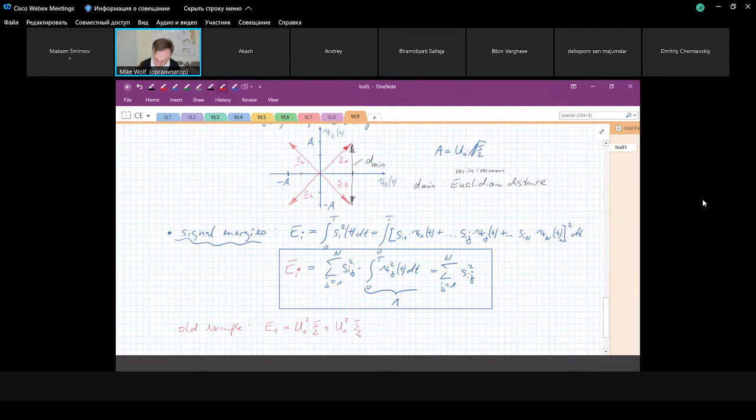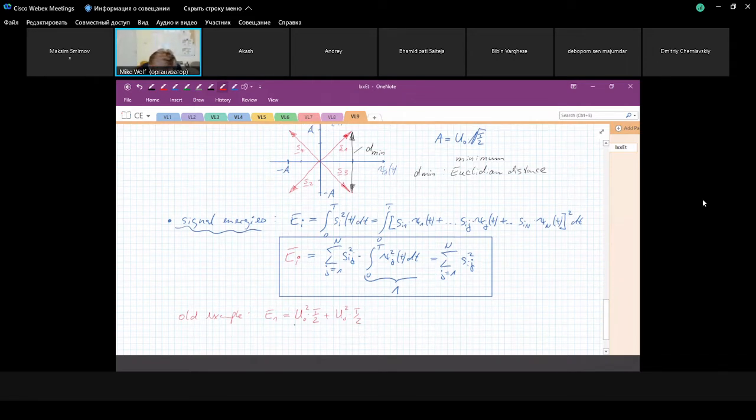This is the sum of the coefficient squares. So this is s_11 squared, and this is s_12 squared. And we end up with u naught squared times T. And this is, of course, the same for all the others. E2, E3, E4 all have the same energy of u naught squared times T.